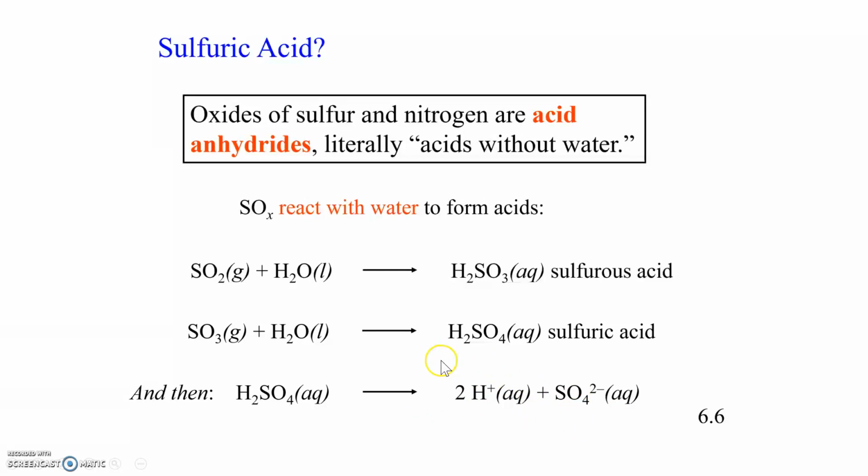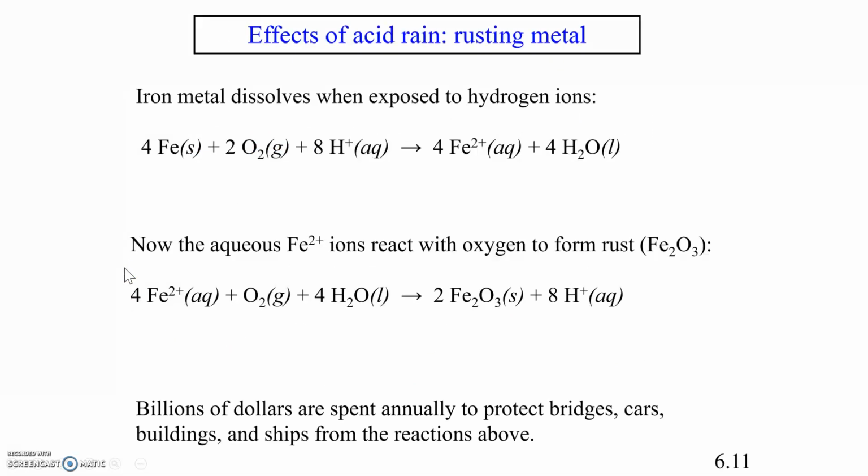That H+, remember, if you increase your H+ concentration, you're decreasing your pH. So these gases that we are emitting into the atmosphere react with water to form acids, producing that hydrogen ion in water. So why do we care?